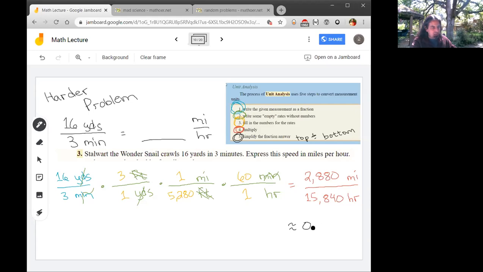So should I write it with 2 decimal points? Probably not. I would be happy if you wrote that, but I think I'm going to actually round it to 0.2. Do I think I actually know this to the 100th of a mile per hour?